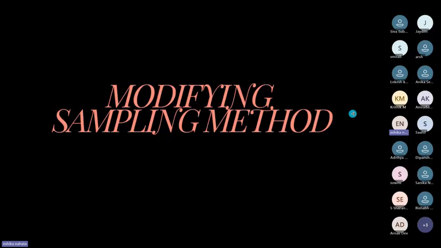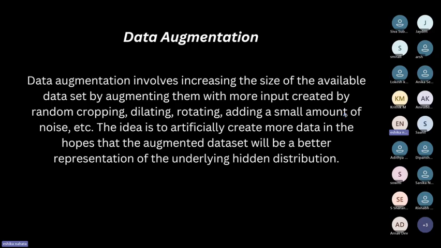Okay, let's move on to the second method to combat overfitting, which is modifying sampling methods. This is basically related to the data that we input into the model. The first one is data augmentation.